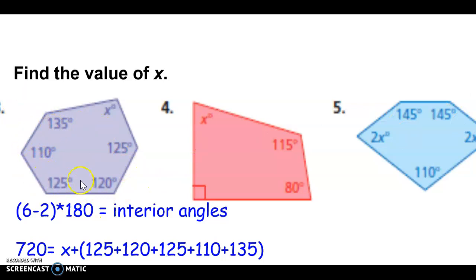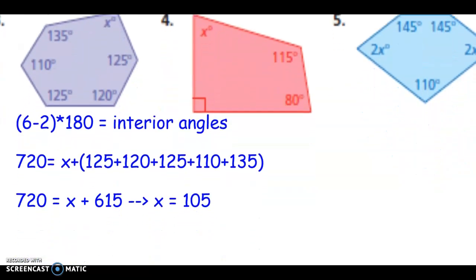Now you see a lot of these angles are filled in, but now here's an x. How could I solve for that? I don't know what it is. You're right, I don't know what this angle is, but I can see that this is a polygon, completely enclosed. If I count, there are actually 6 sides. So the sum of all the interior angles is something I can calculate. 6 minus 2 times 180 is the sum of all the interior angles.